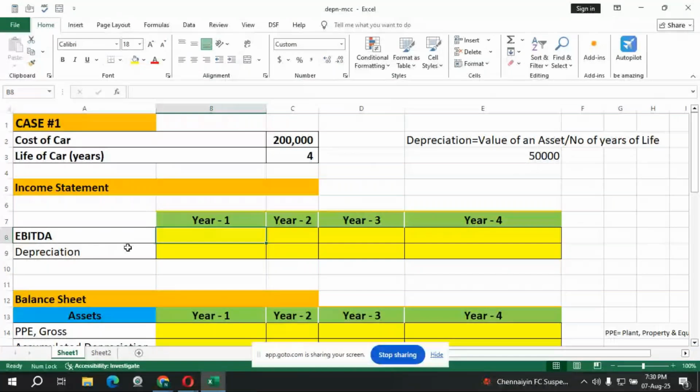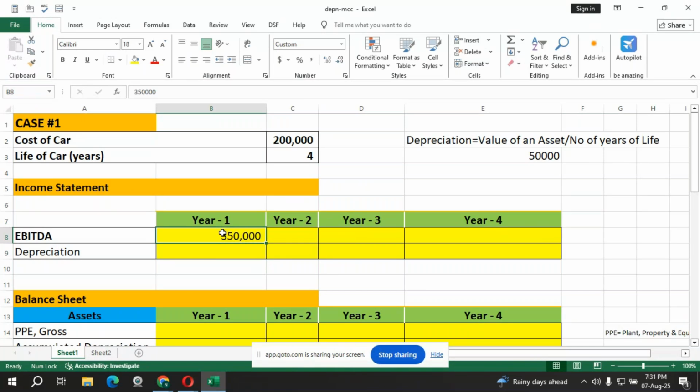So the first year EBITDA is 3,50,000. You can just enter this amount and stop here.